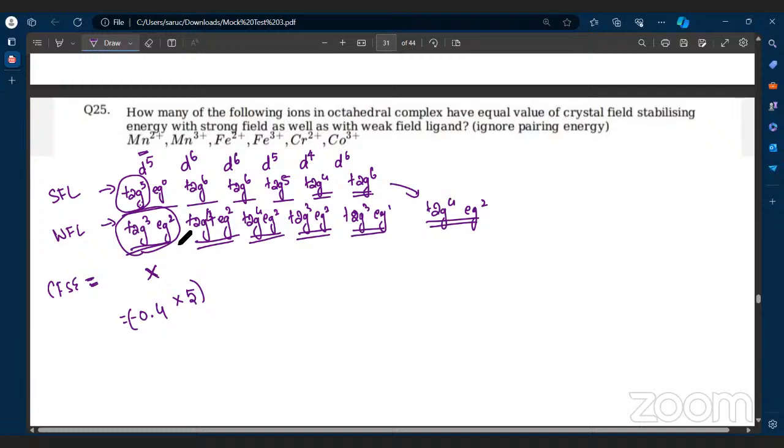It is not going to be the same. So none of them will have the same CFSE for both. The answer is going to be 0.